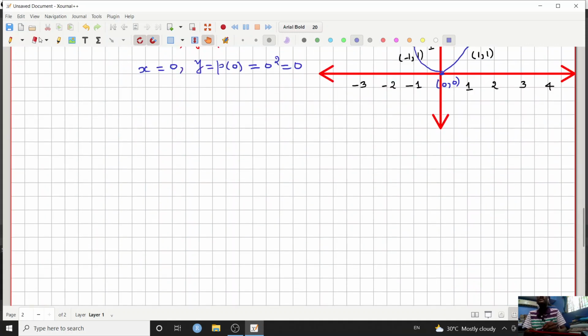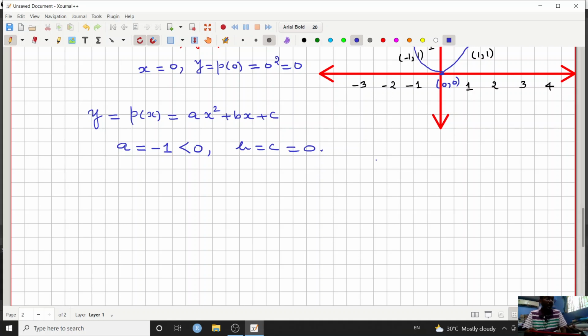If we take the equation of the parabola p of x to be ax square plus bx plus c, this general quadratic equation, and we take a to be minus 1, which is less than 0, and take b and c to be 0 as we did in the previous case. Of course you can take any other value, but drawing will be much easier if we take b and c to be 0.